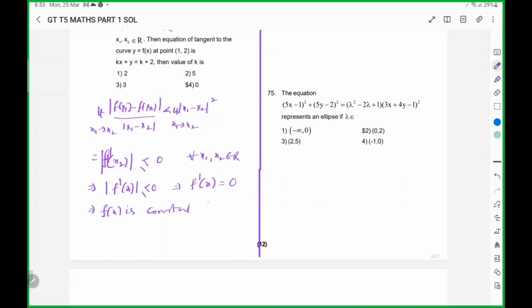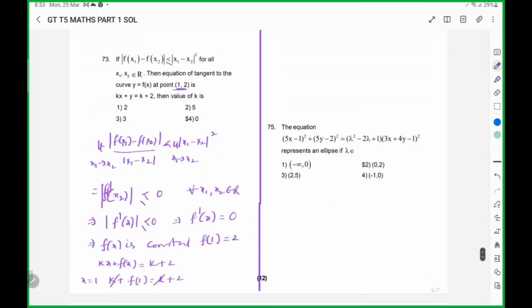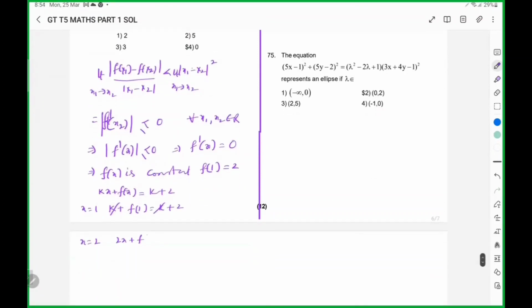He has given f of 1 at the point 1 comma 2. So f of x is 2. So y means f of x is kx plus f of x, k plus 2. When x is 1, k plus f1, and when x is 2, 2k plus 2. So he is asking the value of k.